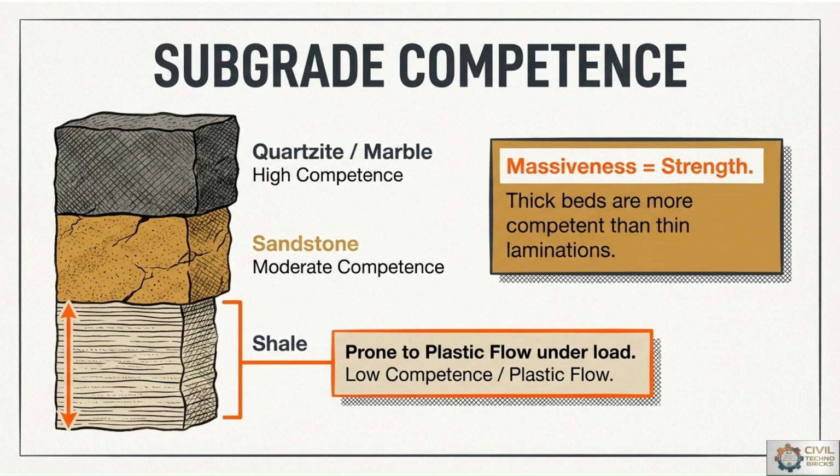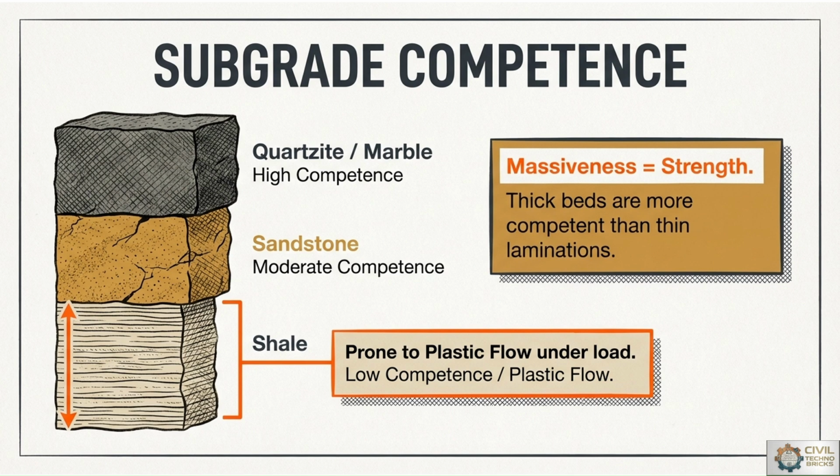So subgrade competence is based on the actual availability of rock and its type. If quartzite and marble are there, it is high competence, because these types of rocks are hard rock. They are most suitable for pavement, embankment or any type of roadway pavement. Secondly, sandstone, which is of moderate competence.